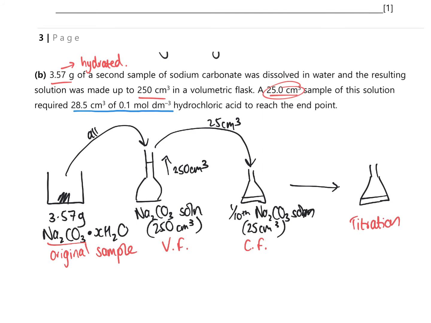Okay, and that is being titrated against, in the question, as you're told, 28.5. That's your average titre. Your concentration is 0.1 molar HCl, and your average titre is 0.0285 decimetres cubed. So earlier on in the question, if you look up at 7a, part 2, we were asked to write a balanced symbol equation for this reaction.